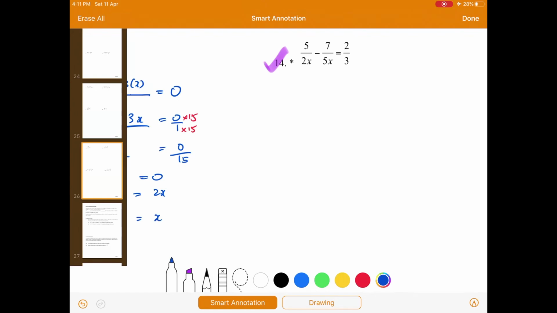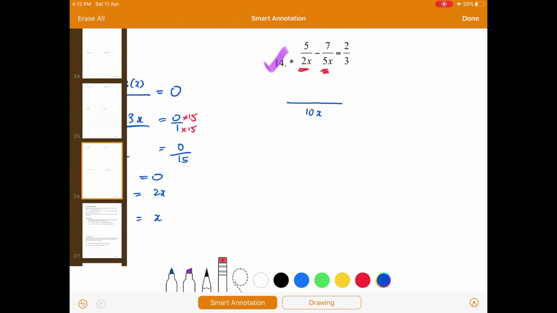Question 14. Let's observe the question. You will notice that there are two fractions with x terms in the denominator. So we can combine the two fractions together using the same principle as before. The lowest common multiple of 2x and 5x is 10x, not 10x squared, because we want the lowest common multiple.